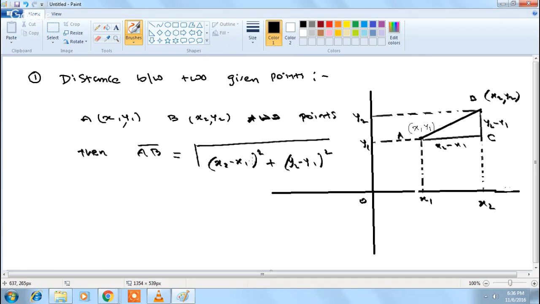So since it is a right angle triangle, hypotenuse square equals side square plus side square. Sorry, here the hypotenuse is AB.